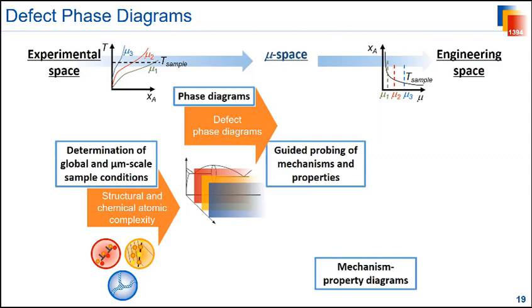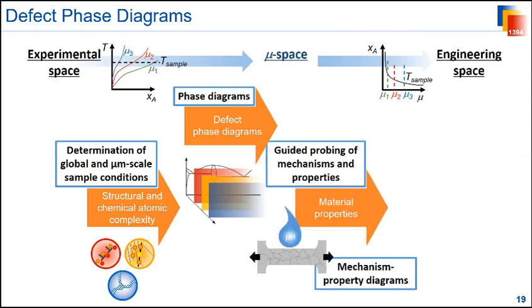We are populating the defect phase diagrams, and those in turn will be really intricately linked to the resulting mechanisms and properties that we'll look at by means of guided probing. And each of the projects that we have in this CRC might work in one or two or all of these areas and really help putting data into all of this.